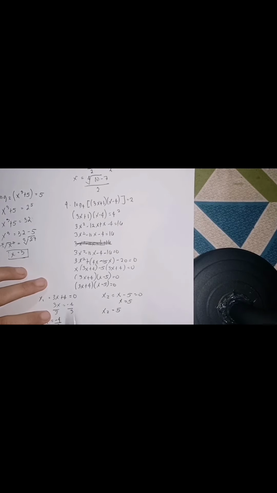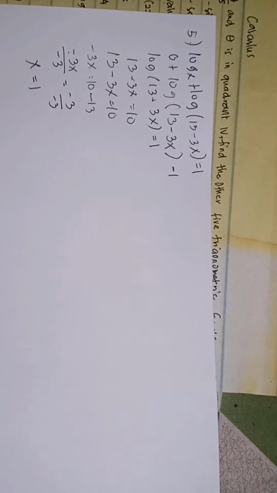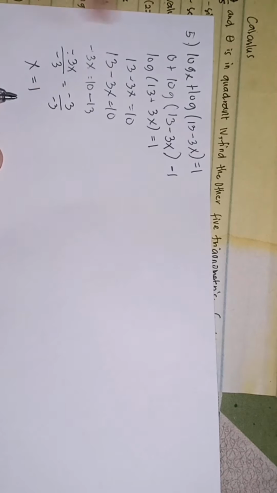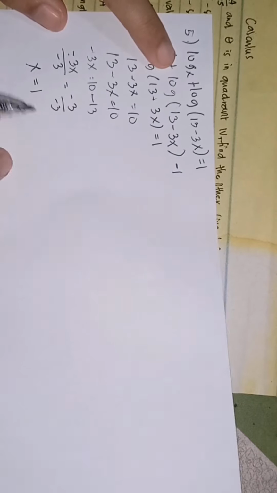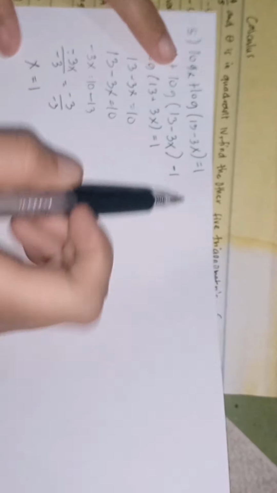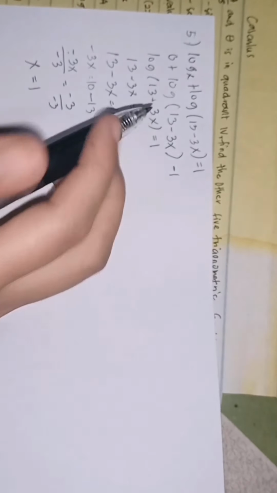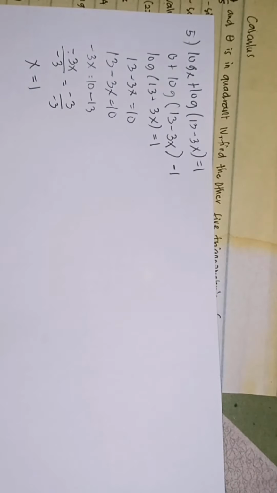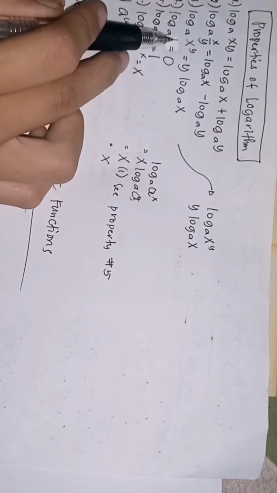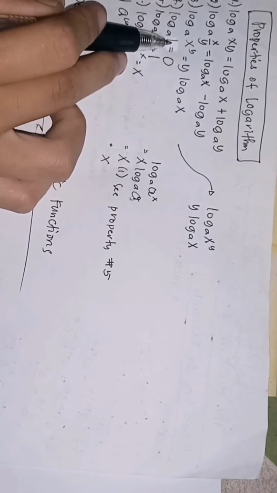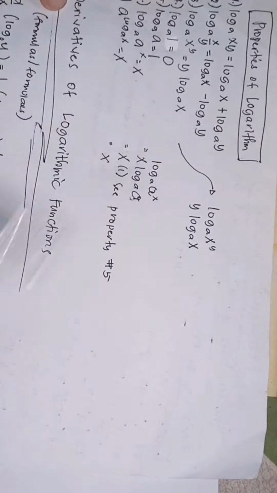And then next is problem number 5: we have log base x of x plus log of the quantity 13 minus 3x equals 1. So we have a property of logarithm: log base x of x, for example, is just equal to 1.